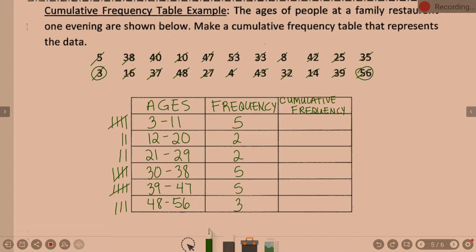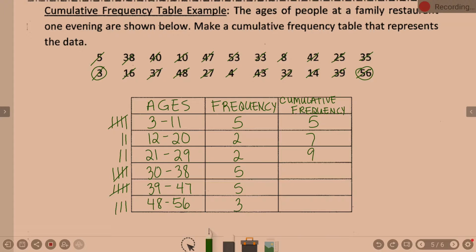Okay. So cumulative frequency. The first frequency is just 5, so at that point, you have 5 values. For the next one, we already have 5, and we have 2 more to add to it, so we're at 7. For the next one, we already had 7. We're adding 2 more, and so we're at 9.